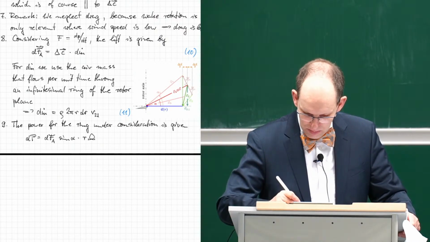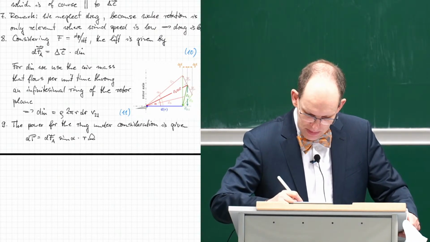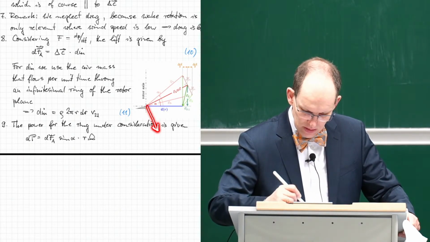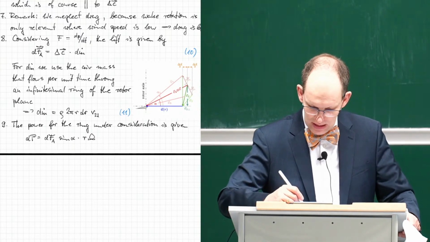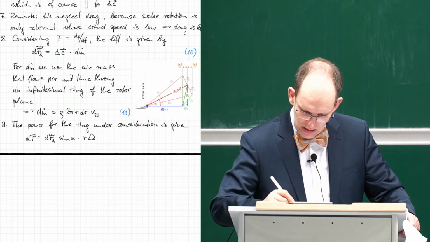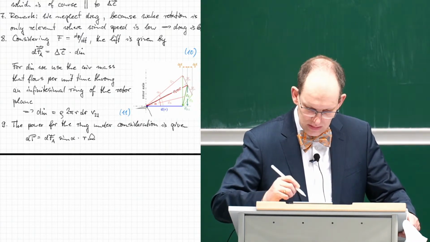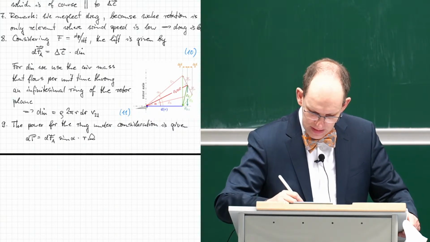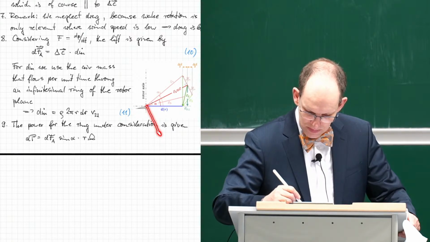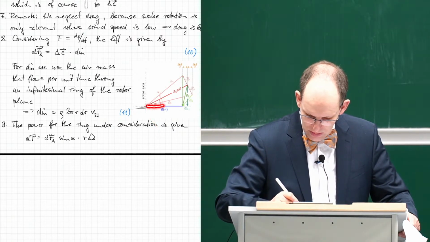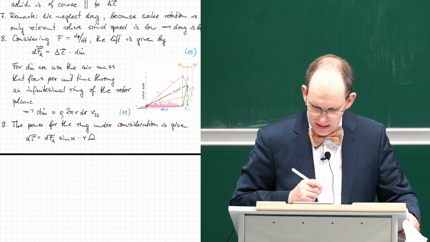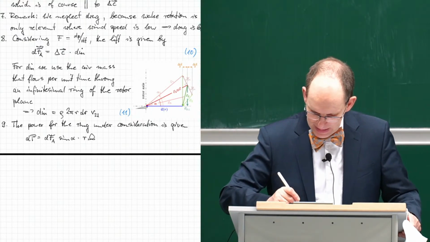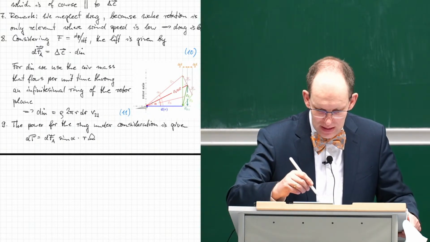This is the component. Once again, we said that the lift is perpendicular to C, so the lift goes in this direction, but we need, of course, only the component that's parallel to the rotor plane. And now we have this angle alpha.